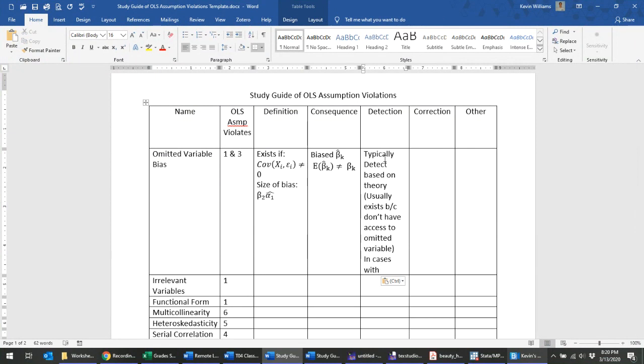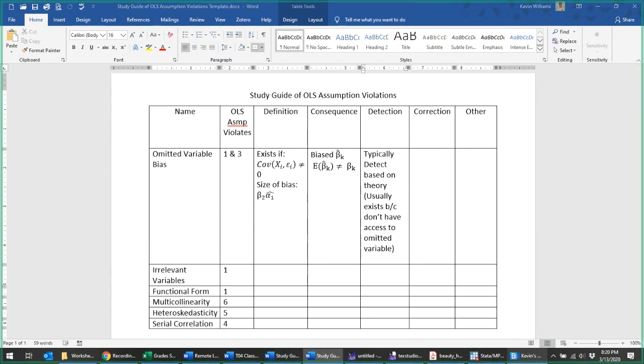If it's wages, you need to understand how wages are created. If you're studying housing prices or restaurant sales, then you need to think about how restaurants generate sales, or what goes into the price of a house. So detection is typically based on theory, because usually we don't have the omitted variable itself.